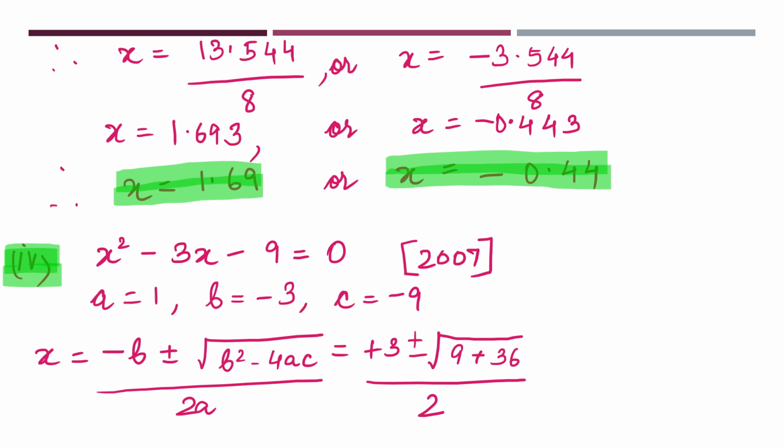Therefore, x is equal to 1.69, or x is equal to minus 0.44, correct to 2 decimal places.